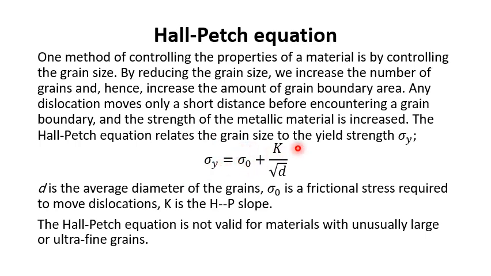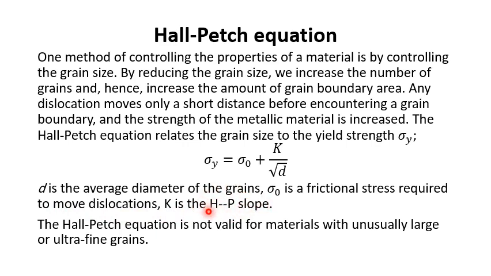Sigma naught and k are constants for this equation, and sigma naught is called the frictional stress required to move the dislocation. It is constant, measured for any single material. k is the Hall-Petch equation slope.